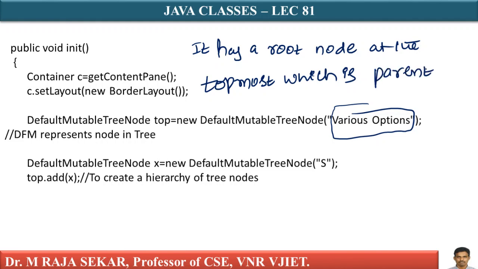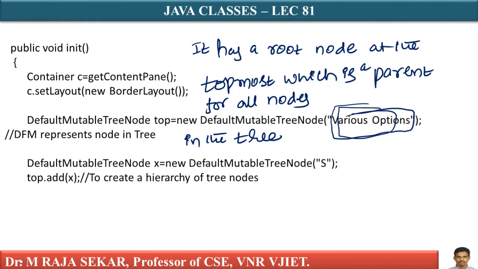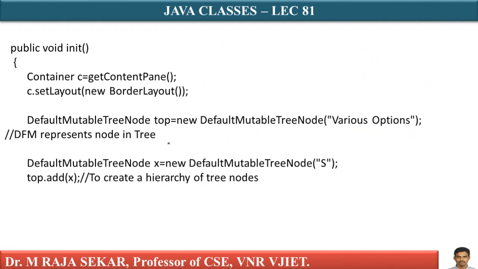It has a root node at the topmost, which is a parent for all nodes in the tree. In this particular program, Various Options is the parent for all the nodes in the tree.